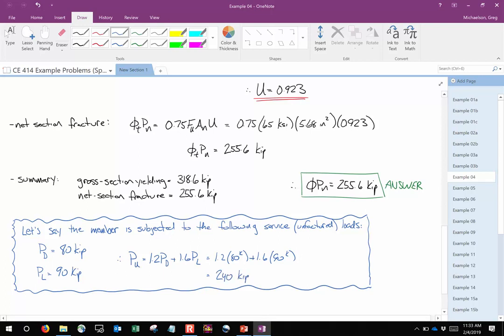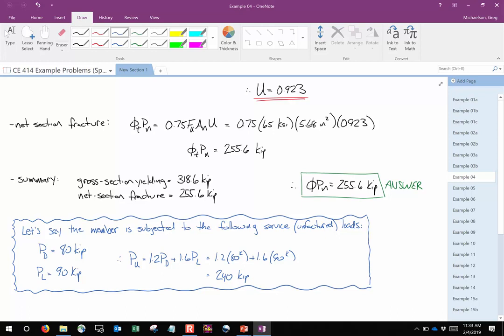What would that mean for this section? It's safe, right? The factored load is less than what it can withstand. But what if this number came out to be 340? It's not safe.